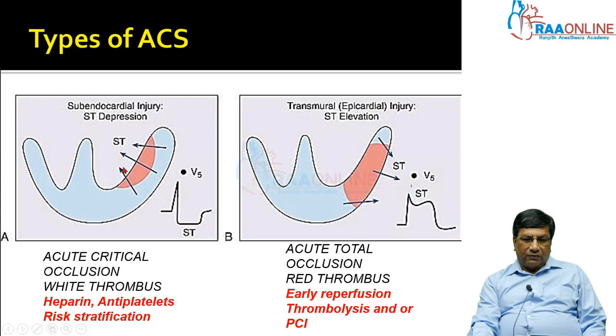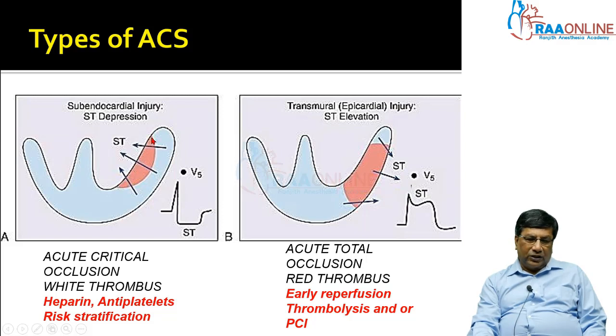How these patients will present in your day-to-day life, in your clinic or hospital: because of the critical occlusion, they have an injury predominantly confined to the subendocardial area. As I told you, the endocardium is the most vulnerable to ischemia.